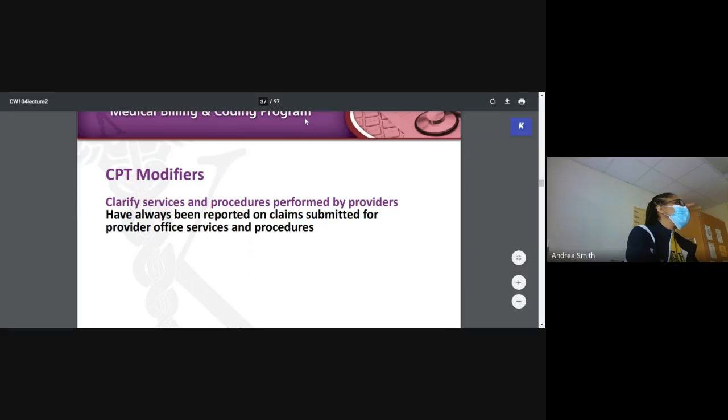All right, CPT modifiers. CPT modifiers, do not forget what this means. It is to clarify services and procedures performed by providers that have always been reported on claims submitted for provider office services and procedures.